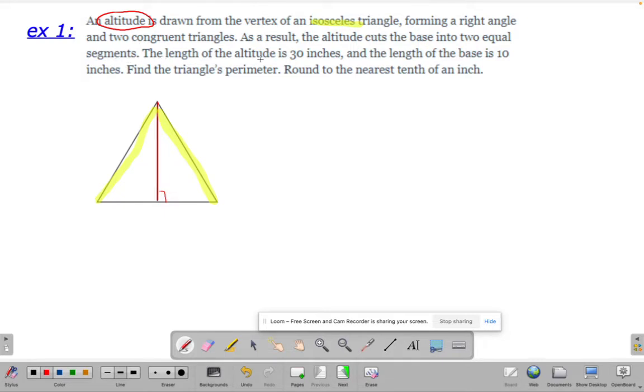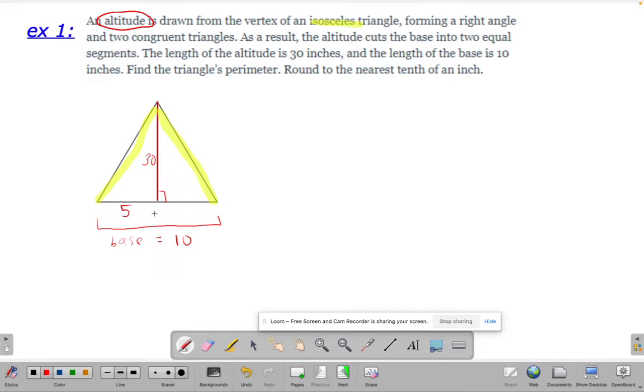The length of the altitude, remember, is the red line, is 30 inches. So this is your 30. And the length of the base is 10. So this is your base. And they did say that when the altitude went down, it cuts this base in half.